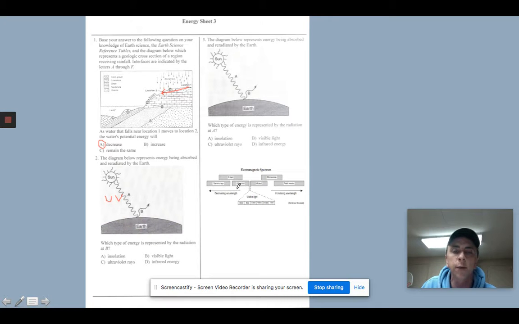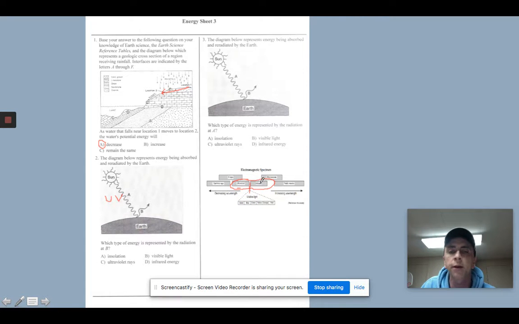I don't know if you remember in my video, I told you guys that this part of the electromagnetic spectrum tells you the story of the rays of the sun. So they come down as UV, right? That's A. They get absorbed, but before they get absorbed, we're able to see them. That would be visible light.